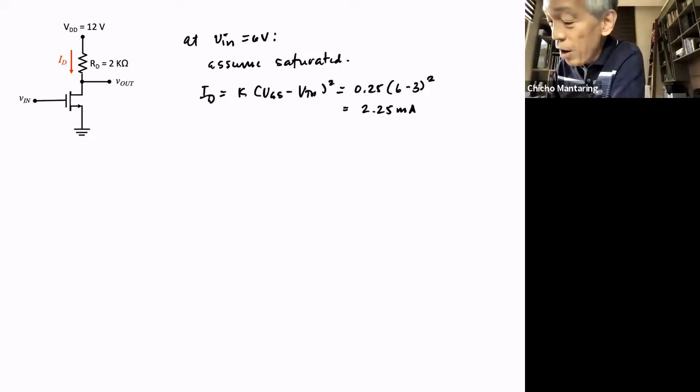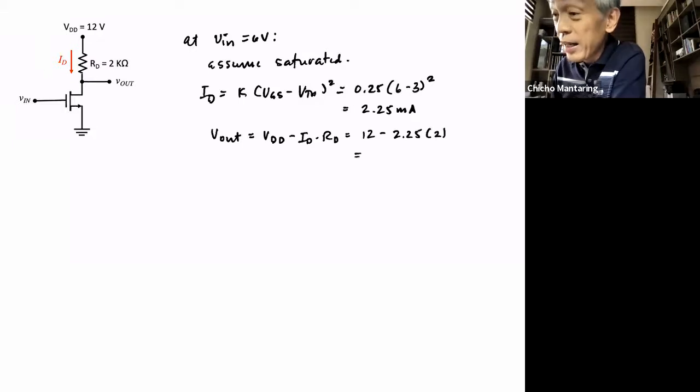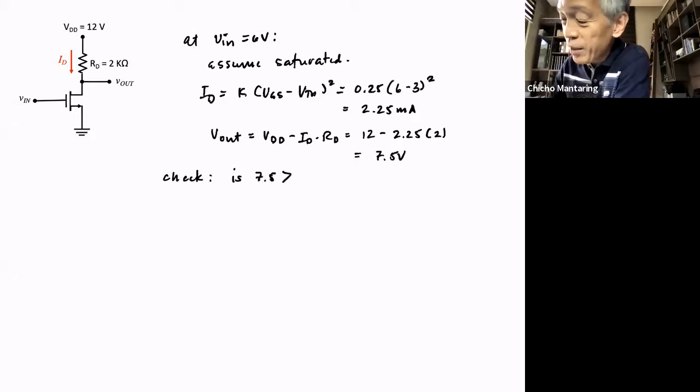Okay, and Vout is going to be VDD minus ID times RD. So this is going to be 12 minus 2.25 multiplied by 2k. And this is going to give me 7.5 volts. Again, check. You have to check. Is 7.5 volts greater than VGS minus VTH?